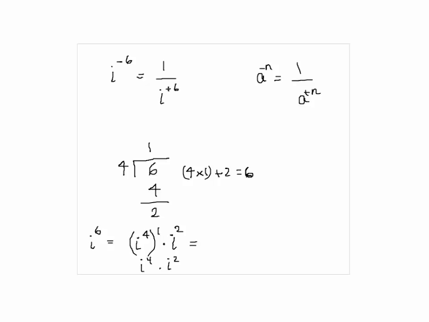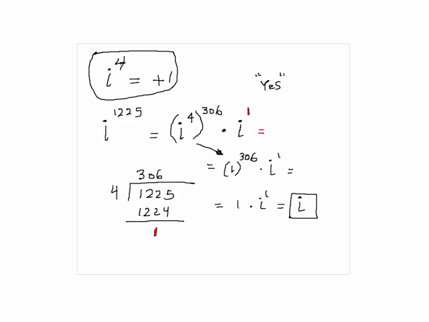So i to the power of 4, we established that is equal to 1 always. You're going to remember that. So if I replace that with 1, 1 to the power of 1 would be 1. So again, the whole thing would be the same as i to the power of the remainder, which is 2 in this case. So whatever the remainder would be, that goes here really.